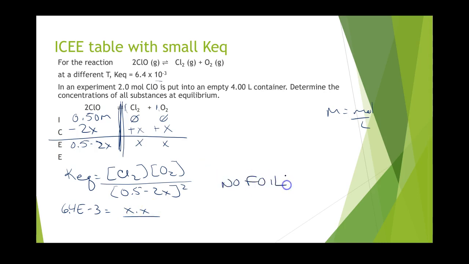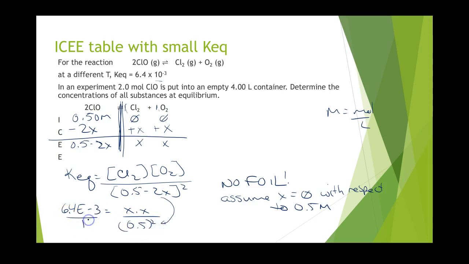No foiling, no combining those terms, no multiplying that term. Just assume X equals 0 with respect to 0.5, because it is going to be really small. So that turns it into 0.5 and squares it.